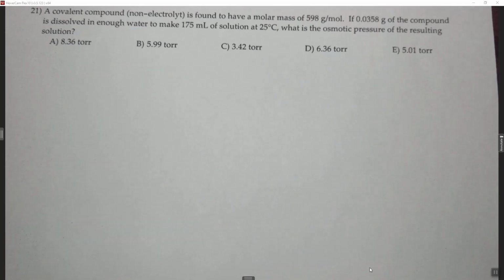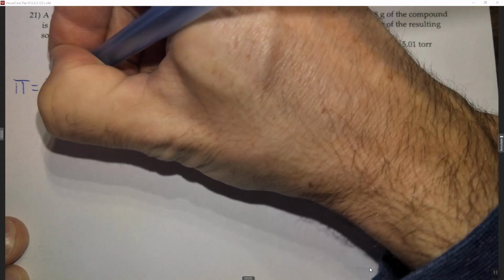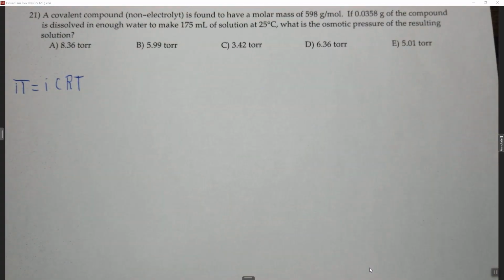So we need to know the formula for osmotic pressure. Osmotic pressure is pi equals iCRT. I'm not going to go into a ton of detail about what osmotic pressure is, but I do want to remind you that nature tends to dilute things.